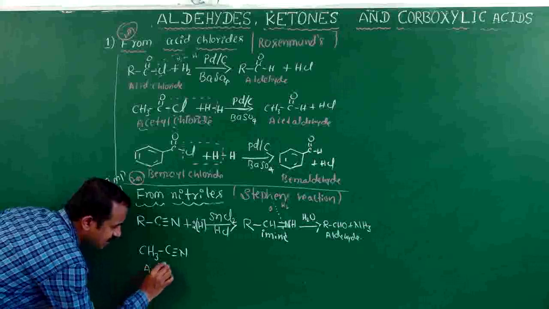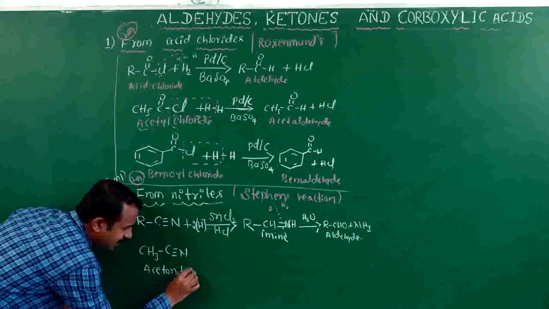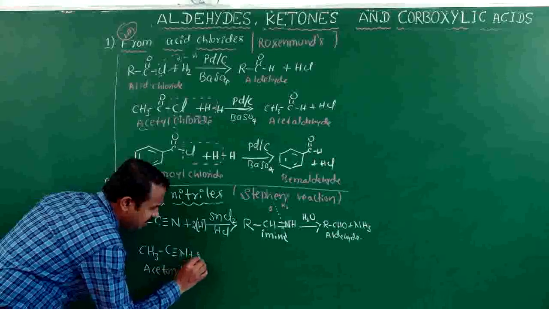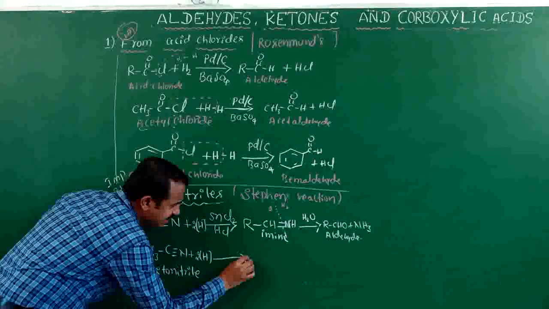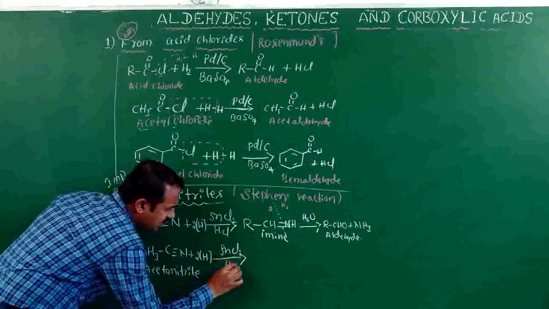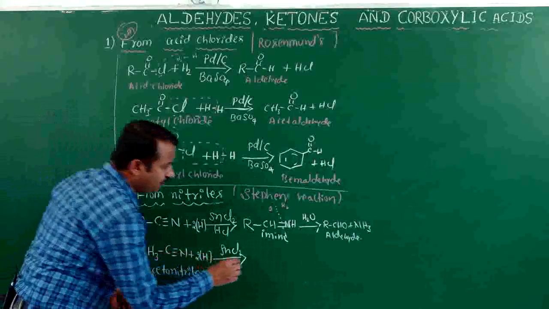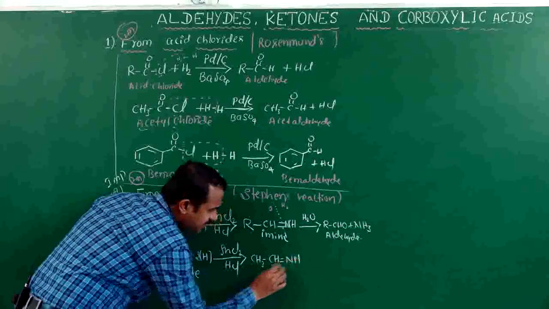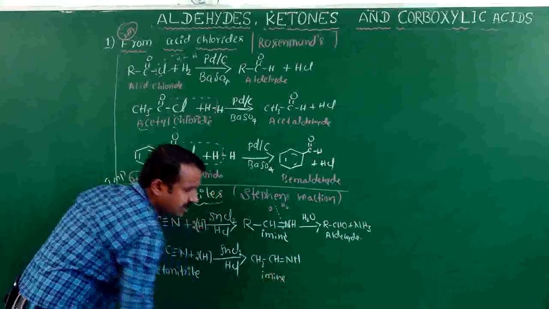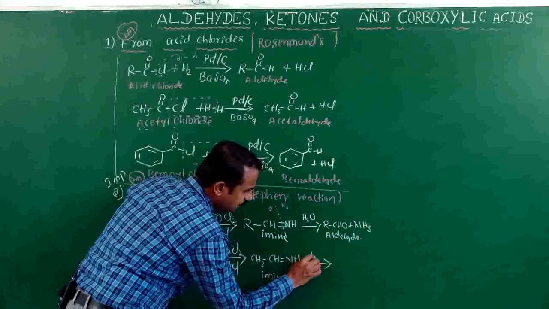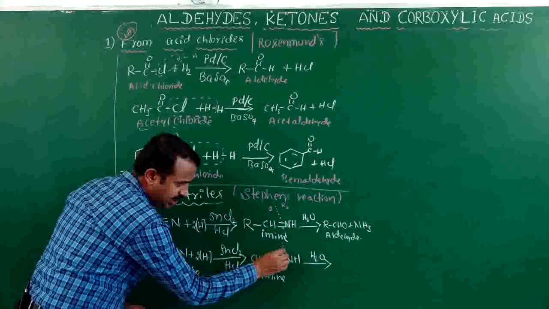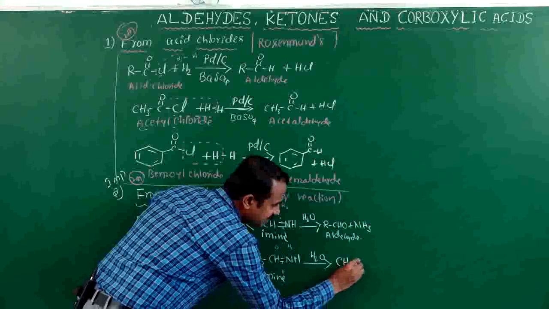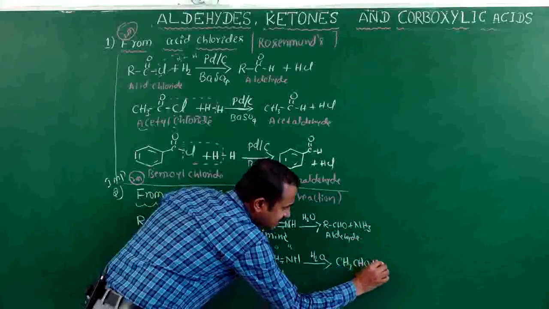The name is acetonitrile. Acetonitrile is reduced with tin chloride in presence of concentrated HCl to form imine, CH3CH=NH, which undergoes hydrolysis with H2O to give CH3CHO plus NH3.